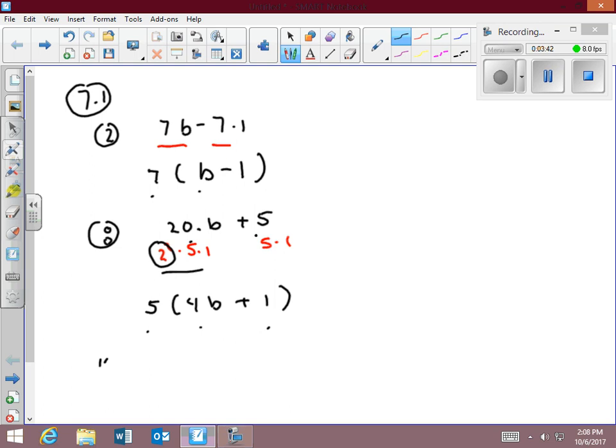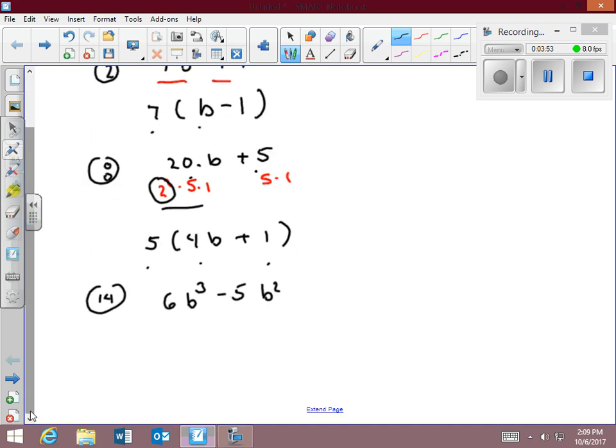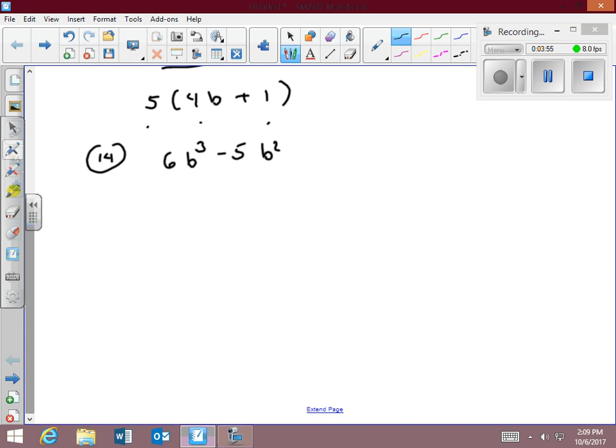So let's look at 14. It says 6b cubed minus 5b squared. So what's common in those two factors? B what? B squared. B squared is common. So what's left after you take a b squared out of that term? 6b.